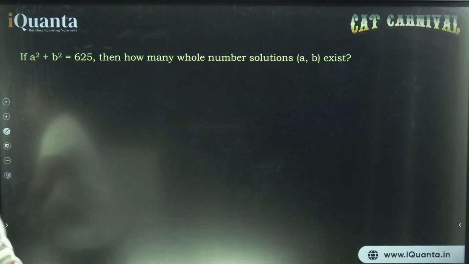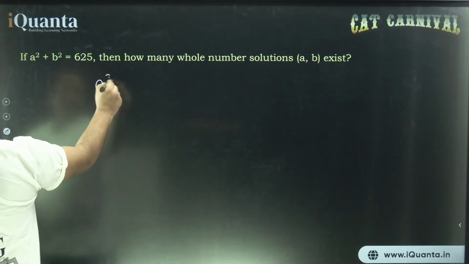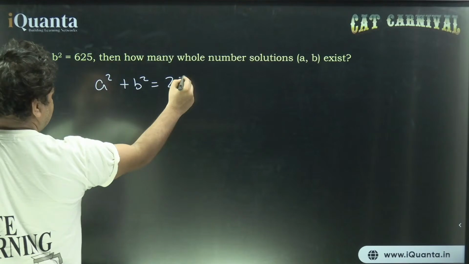First step is we should write a square plus b square is equal to 25 square.